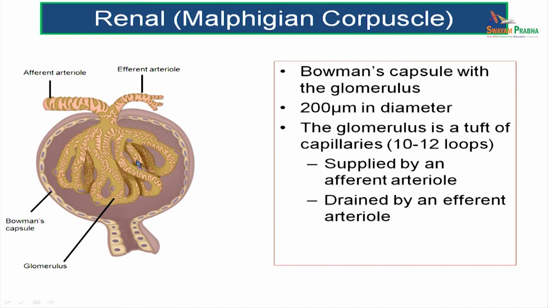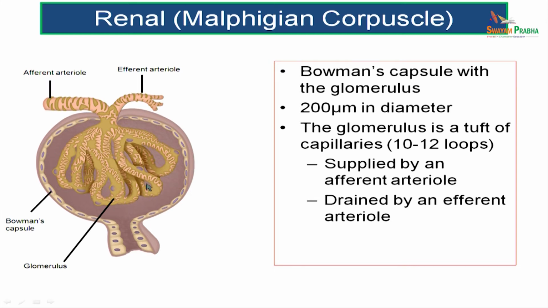Now, we will first take renal corpuscle, or it is called as Malpighian corpuscle, the structure of which will be detailed in the next few slides. So, renal corpuscle, as I told you, consists of Bowman's capsule and a glomerulus. This renal corpuscle is 200 micrometer in diameter.